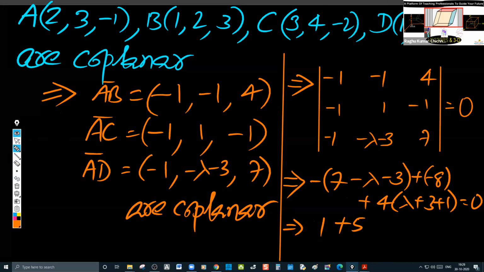Pranit, what is your answer, please? This is lambda plus 4 lambda, 5 lambda. So your lambda must be -1/5. Let us check the option once.